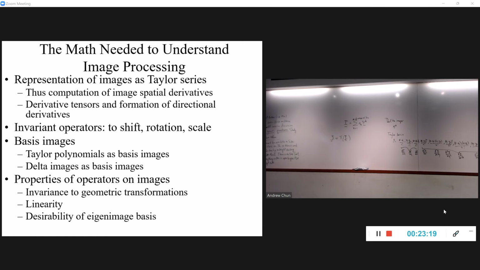And then we were interested in operators especially that had particular properties, the so-called invariance, or mathematicians say equivariance, properties. The invariances that we're especially concerned with are invariances to geometric transformations of translation, rotation, and spatial scaling.